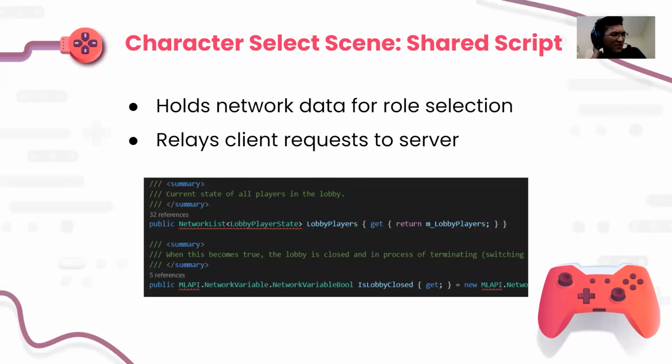What might be a little confusing here is that the shared scripts hold the data. I know I talked about how the server is the one that's controlling the data. In a sense, it still is, but in this architecture, the shared code contains the data of the game, which comes in the form of networked variables, networked lists, networked bools.